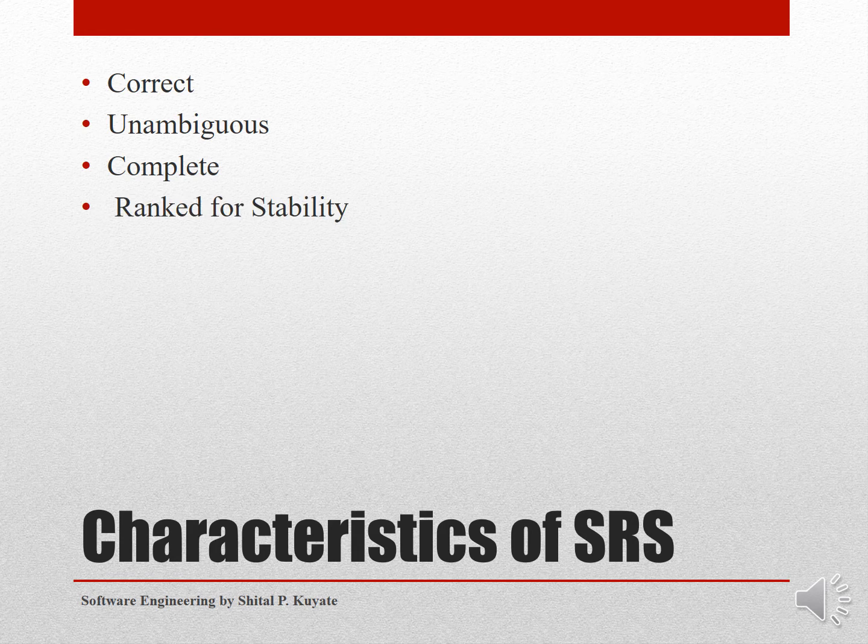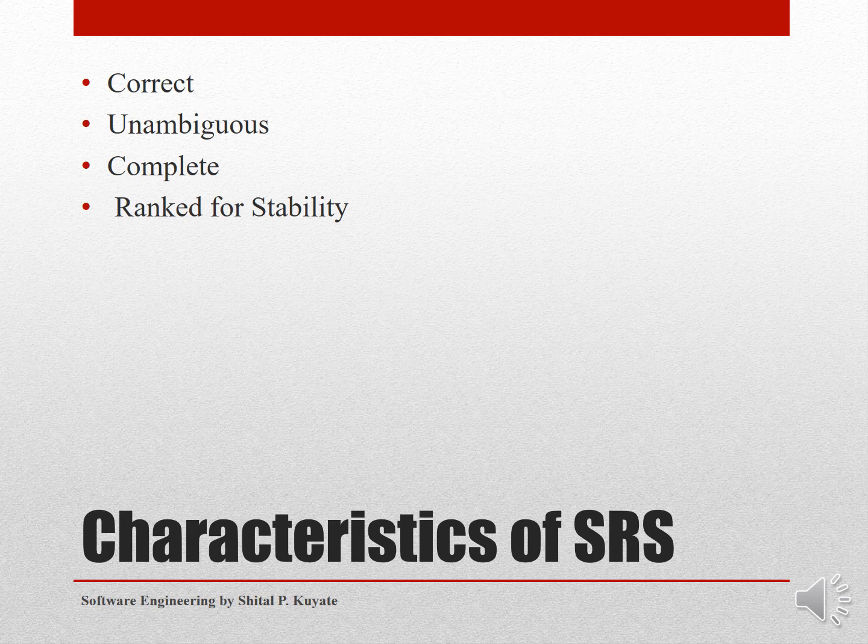Then the fourth one is the ranked for stability, or we can say importance. All requirements are not equally important, hence each requirement is identified to make differences among other requirements. For this, it is essential to clearly identify each requirement.